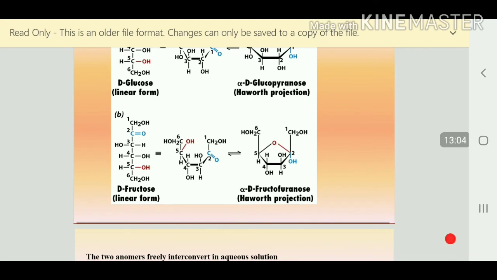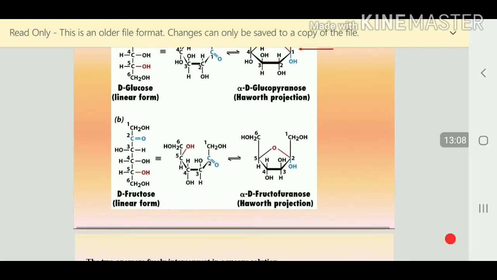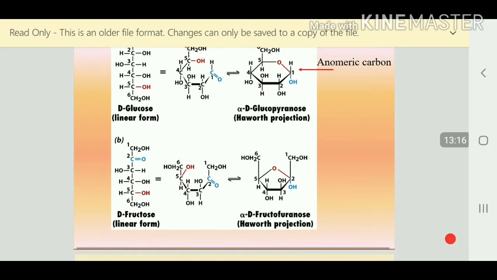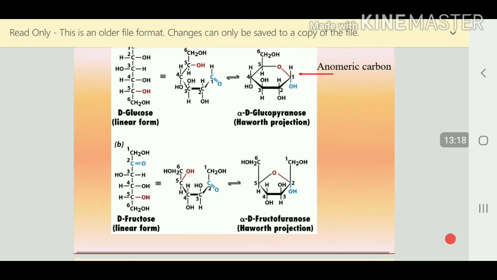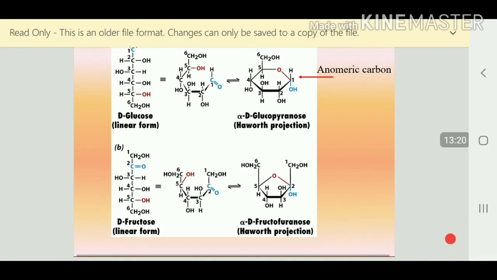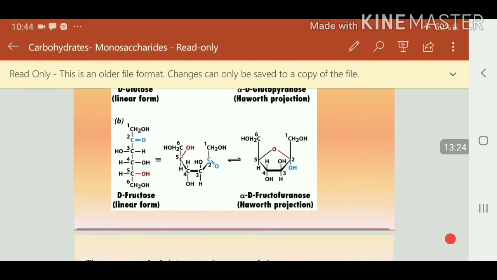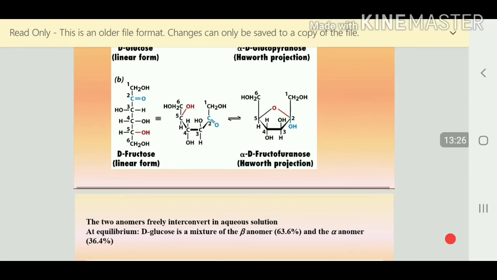The structure is here, furanose, alpha D fructofuranose. Again, the OH of the second carbon will be considered as the anomeric carbon, and when OH is written below, then it is alpha D fructose, and when it is written on the upper side, then it is beta D fructose.